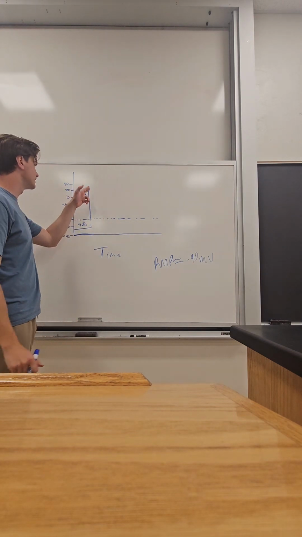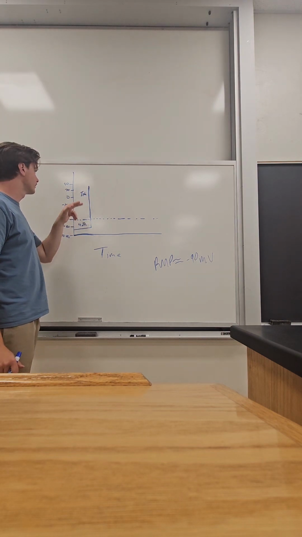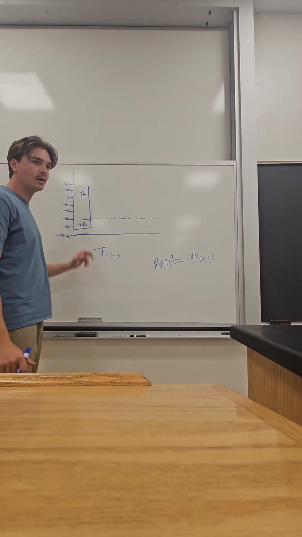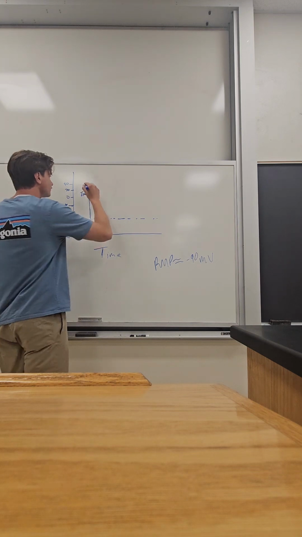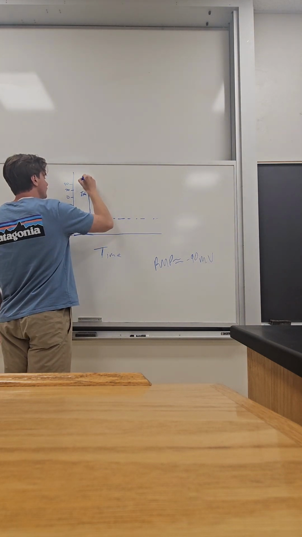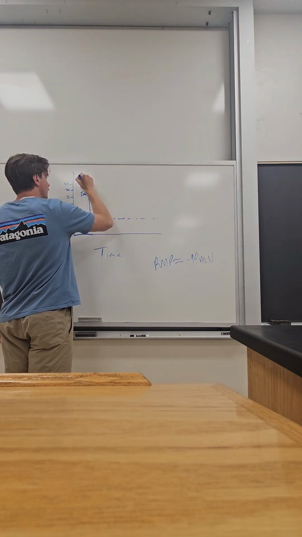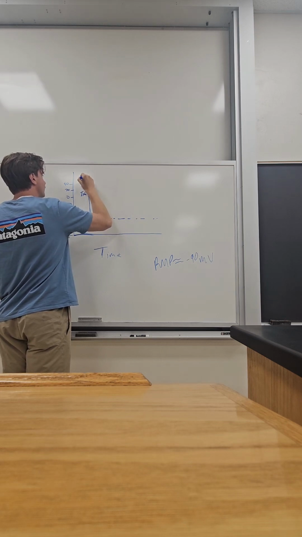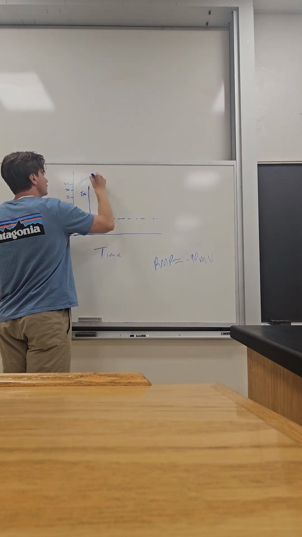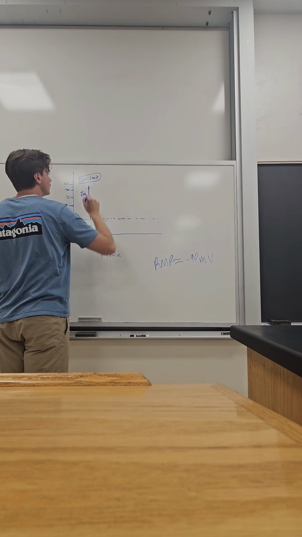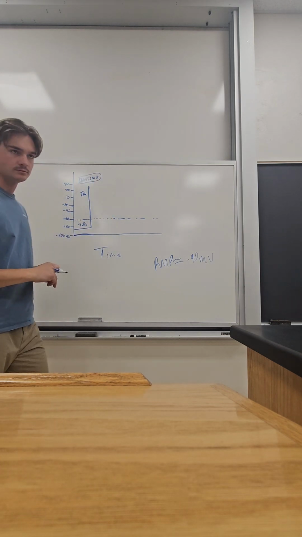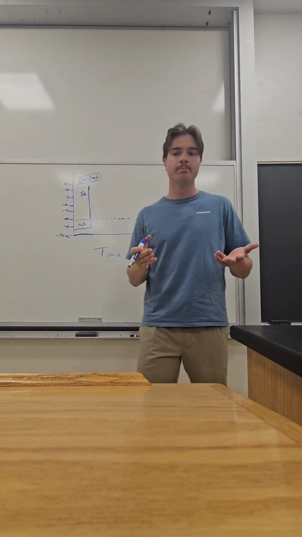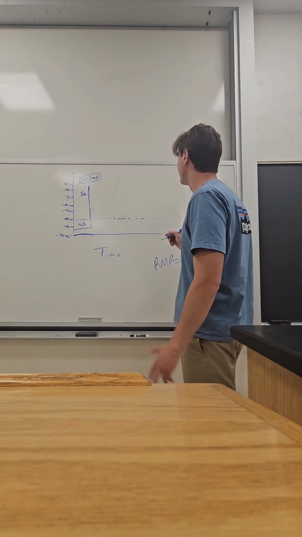And then as soon as we reach a certain potential, around negative 20 or positive 20 millivolts, what will open are these transient outward channels. So we have ITO1, and then we have ITO2. ITO1 is a potassium efflux channel.